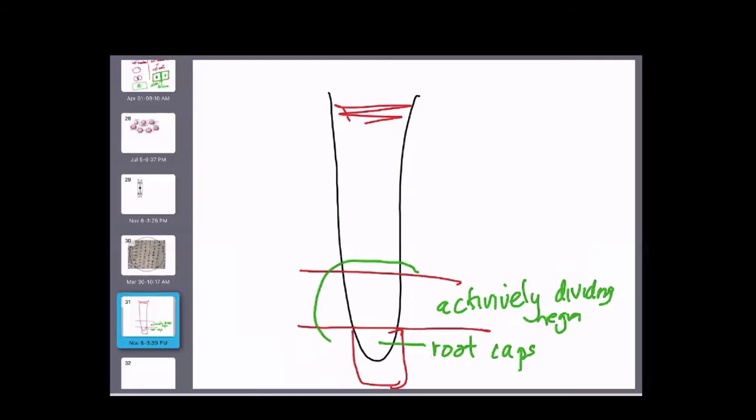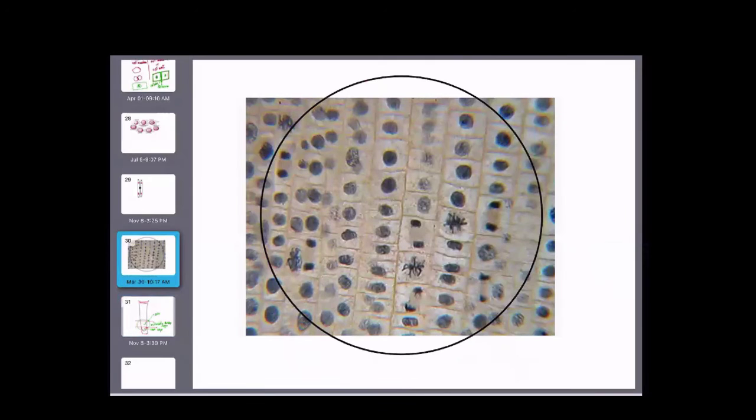We would have focused the microscope at 40 times magnification at that spot, and then in your groups you would have counted cells and recorded which ones are in prophase, metaphase, telophase, and interphase. Interphase is the cells that are not dividing.